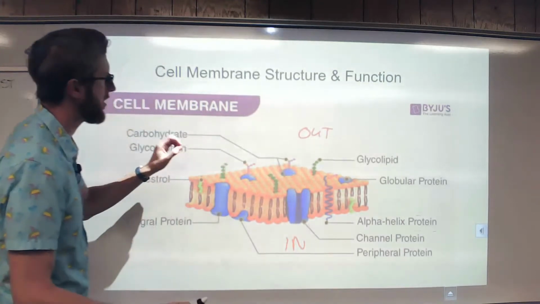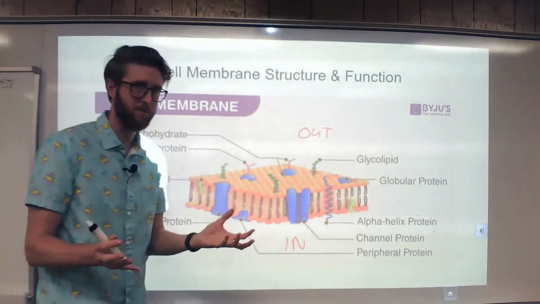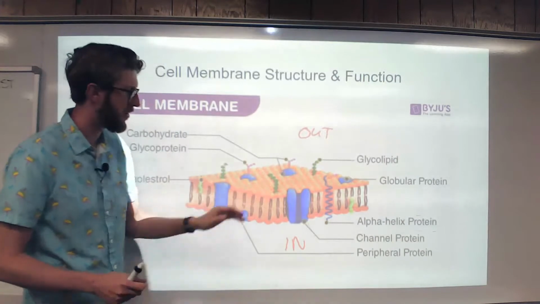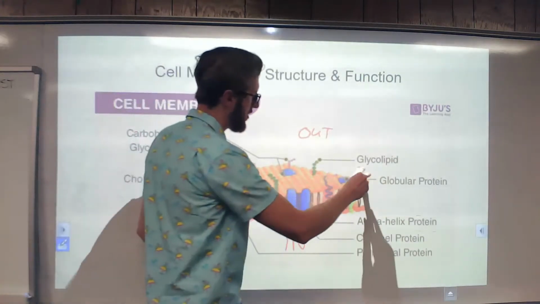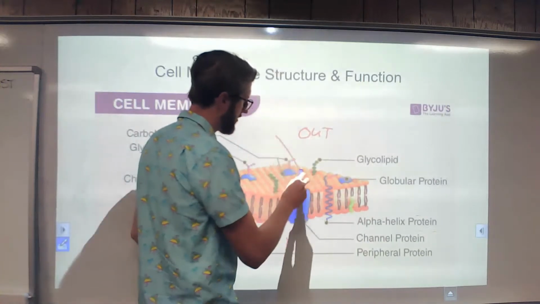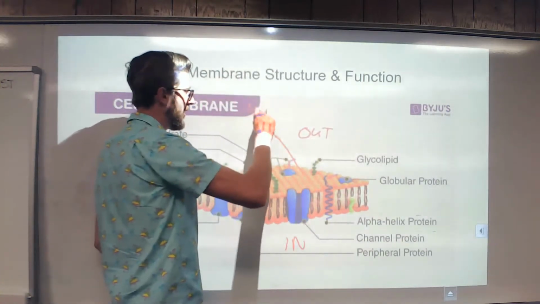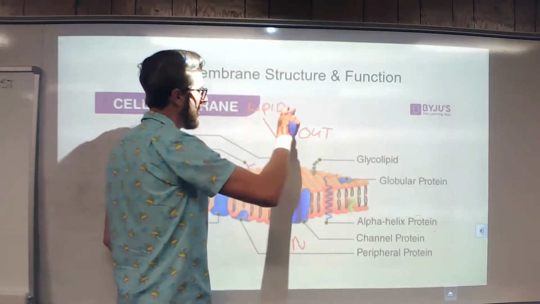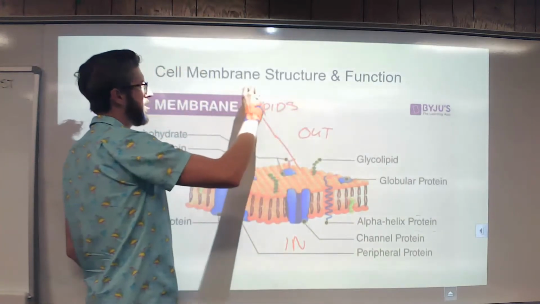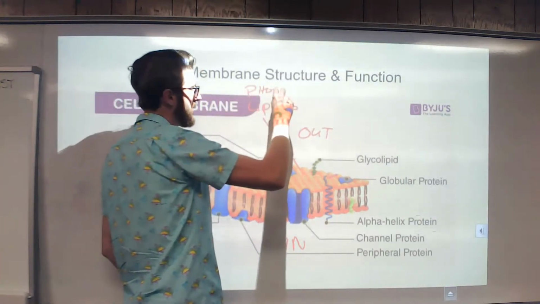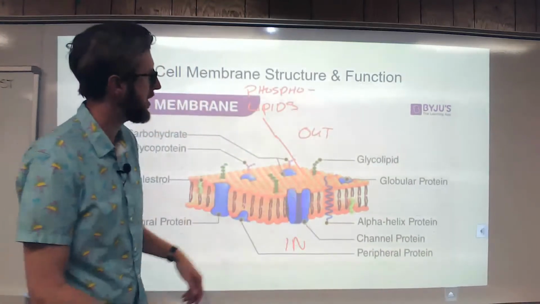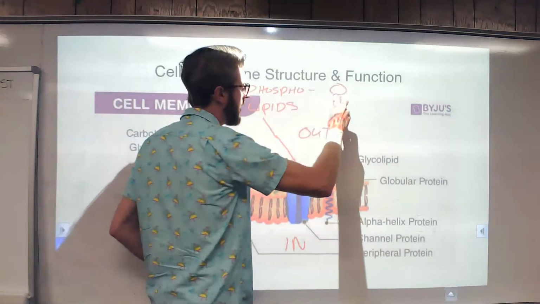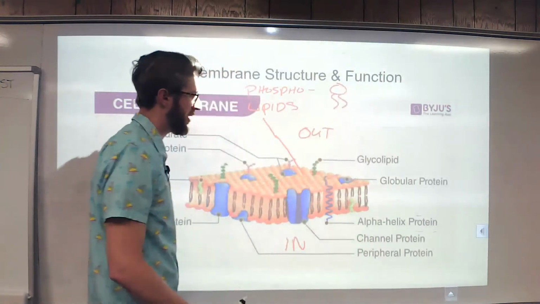Okay, so first let's talk about its structure. What is it made up of? As far as the structure goes, the things that are important to know are, first of all, these things right here, which we call lipids. More specifically, they are called phospholipids, and each one looks like a head with 2 little tails.